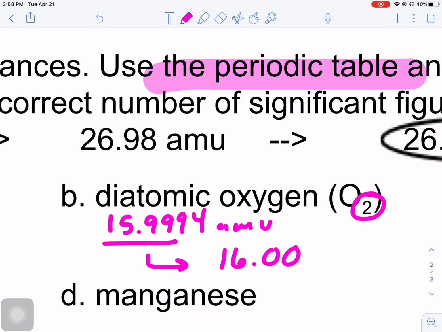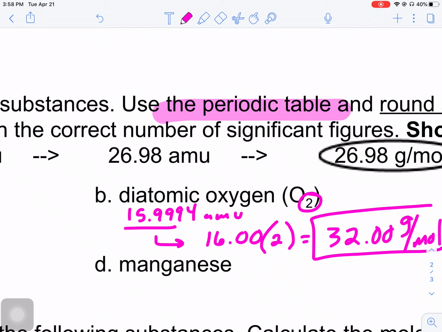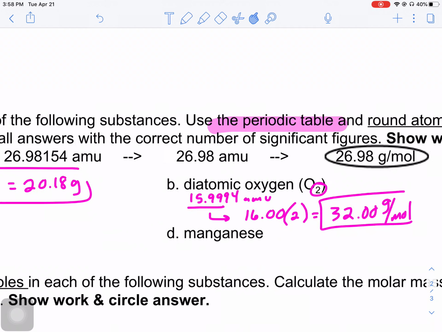But we forgot to consider the 2. So we're going to multiply this by 2, and what we're left with is the molar mass of diatomic oxygen, which is twice that of monoatomic oxygen, 32 grams for every 1 mole. So 1 mole of diatomic oxygen is equal to 32 grams in weight, okay? So don't forget to consider the diatomic elements.